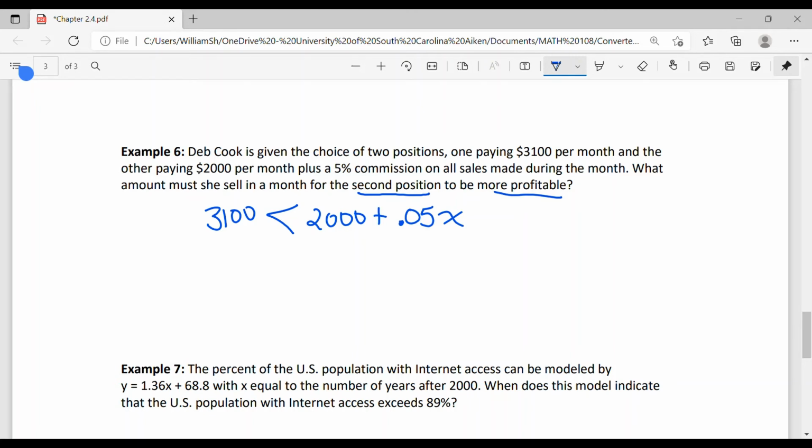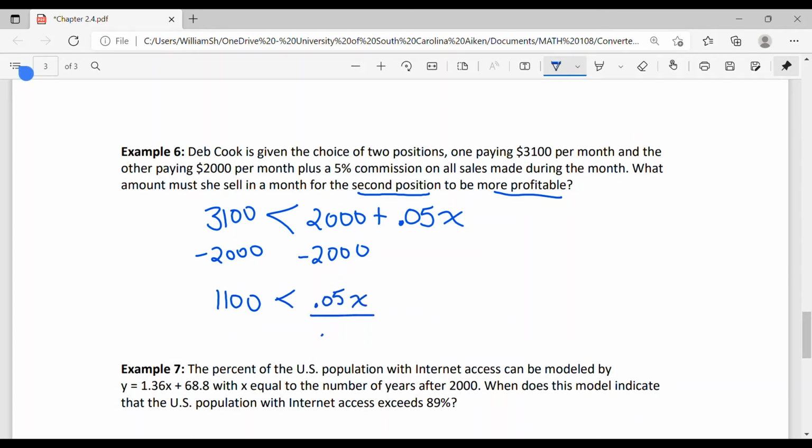Now we have our equation set up, and we're going to figure out what it takes for her to be more profitable at this second position. So we're going to solve. I'm going to subtract 2,000 here. Okay, so 3,100 minus 2,000 is 1,100, and that is less than 0.05x.